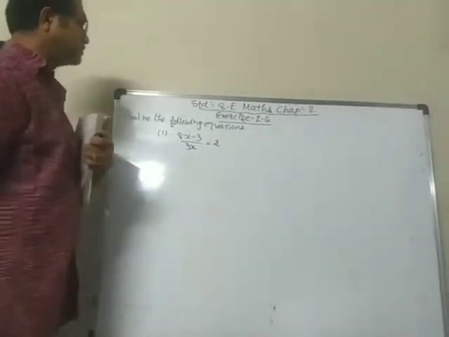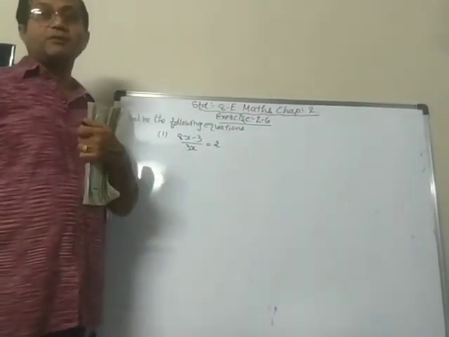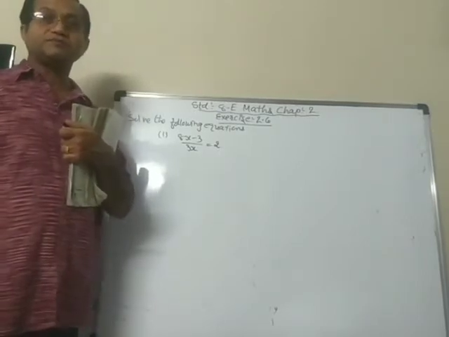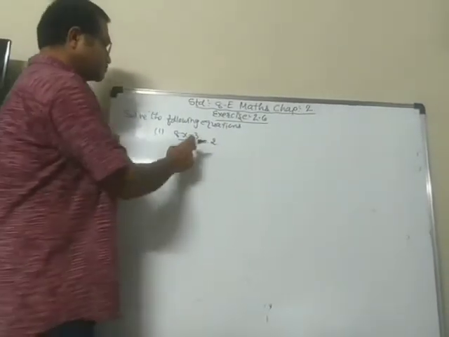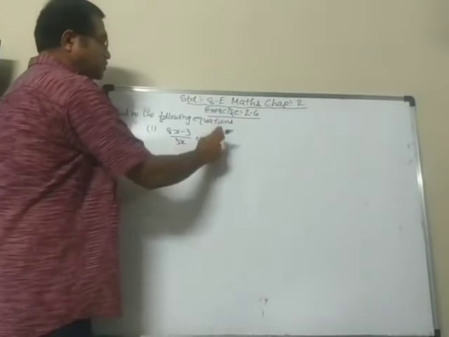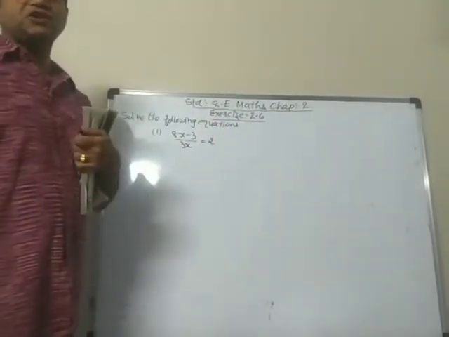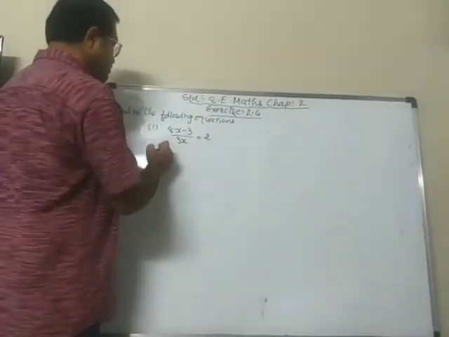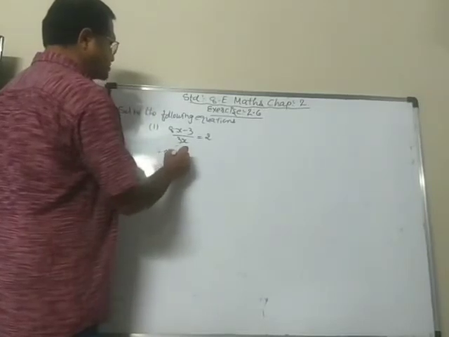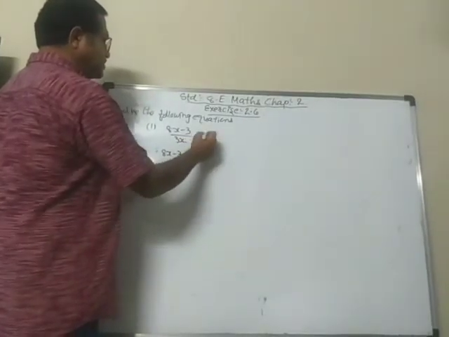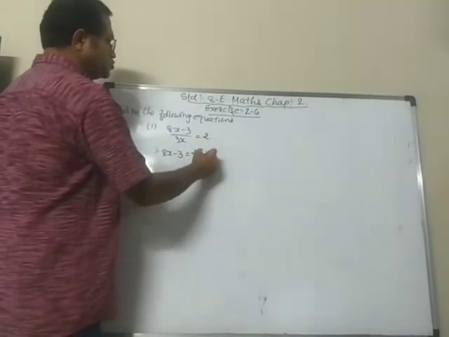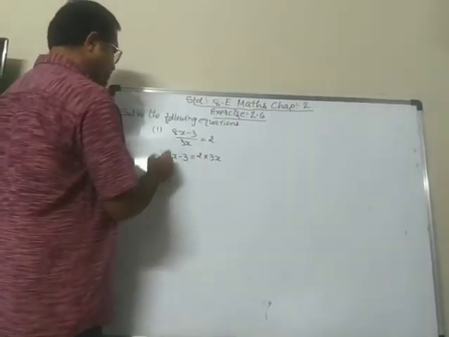So here you can see that it is not in the standard form of linear equation. So now what will we do? The denominator we will take to the other side, so it will go into the numerator. So we will write down 8x minus 3 is equal to 2 multiplied by 3x.